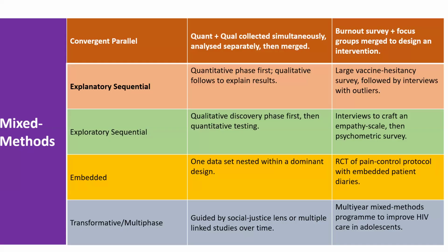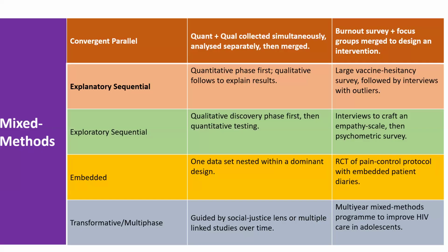Here you can see what we mean by convergent: qualitative data and quantitative data are collected simultaneously and analyzed separately, then merged together. In explanatory sequential, the quantitative phase comes first. Initially, we carry out the quantitative data collection, then come into the qualitative manner and explain the result.